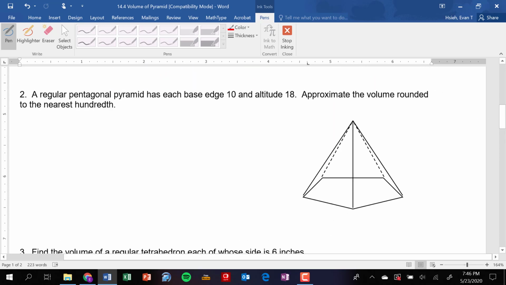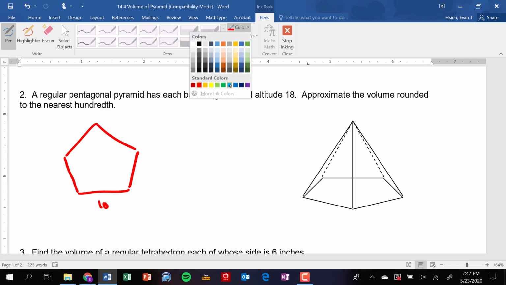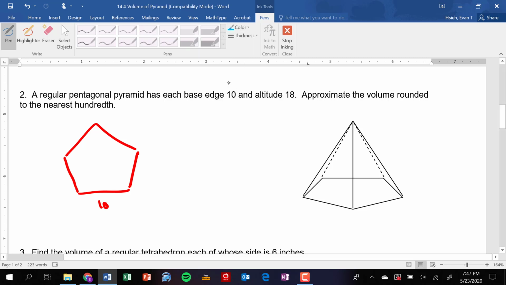Moving on to the next one, you have a regular pentagonal pyramid, so you have a regular pentagon for the base. And each base edge has a side of 10. Now, this kind of goes back to one of the earlier sections.